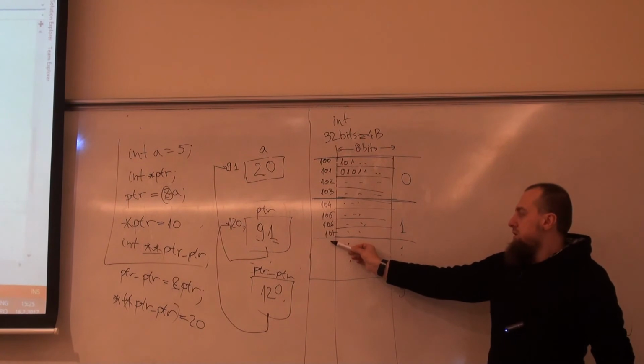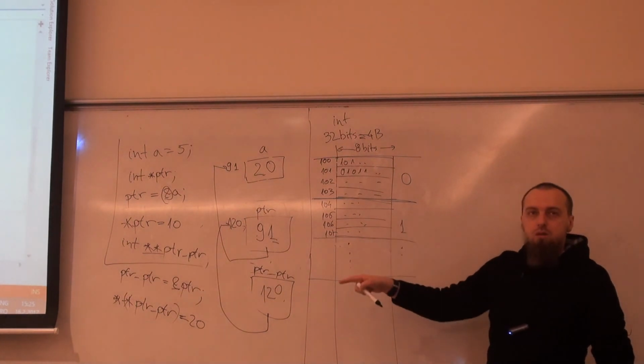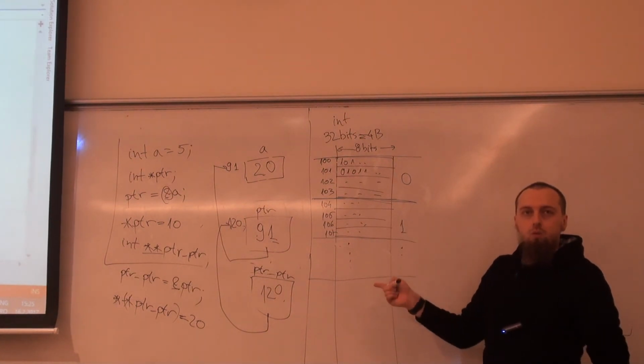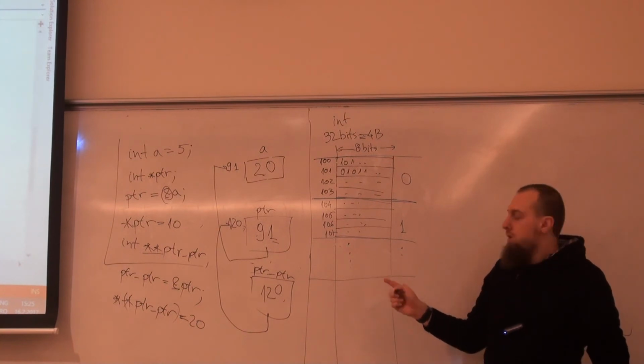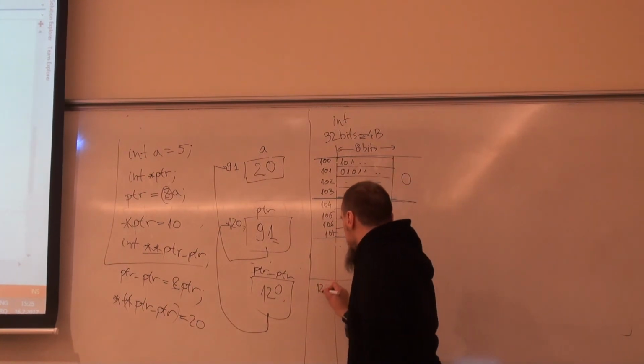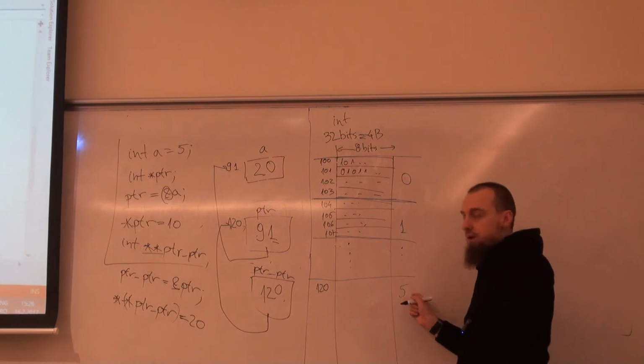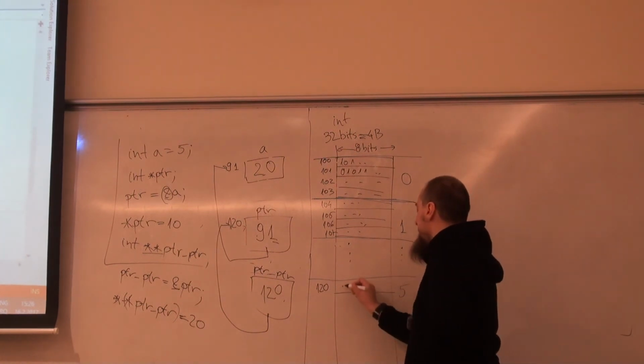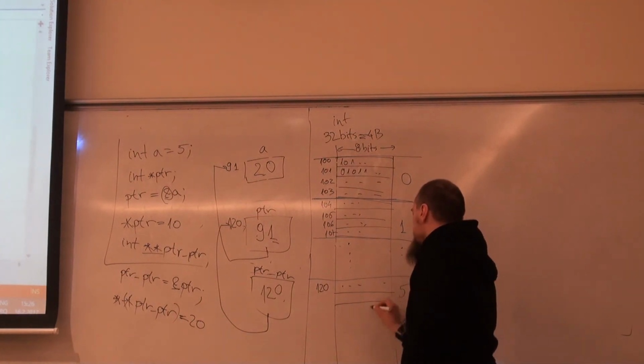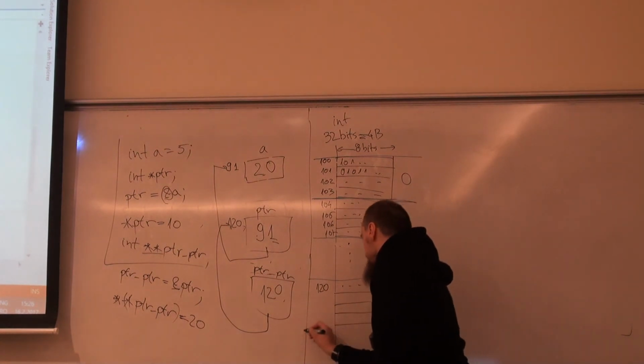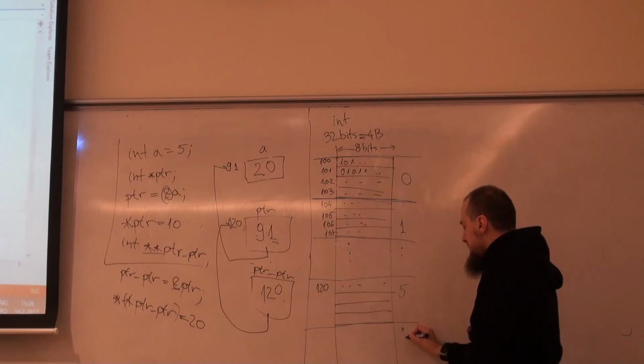Here we have 108 for index 2, 112 for index 3, 116 for index 4, 120 for index 5. Okay? And we have bits here. 4 slots, 4 bytes. Then we continue.